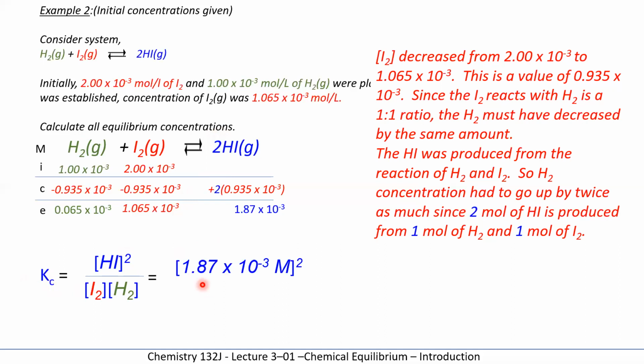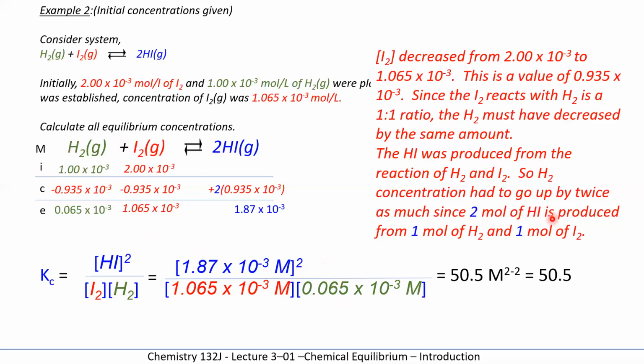So again, we take that quantity at equilibrium and square it, and divide it by the quantity of hydrogen multiplied by the quantity of iodine. In this case, molarity squared divided by molarity squared is unitless, because there are 2 moles of product and 2 moles of reactant, so they cancel out. When we do the mathematics, we get a value of 50.5 as our Kc.